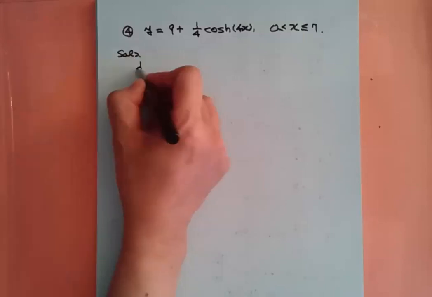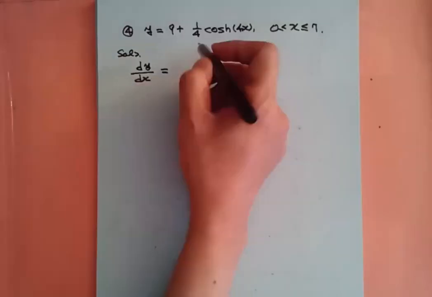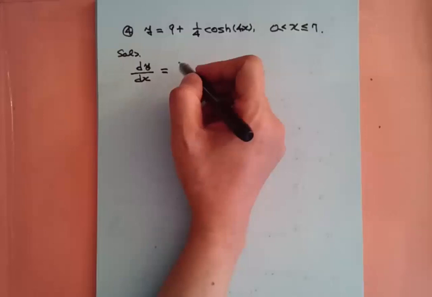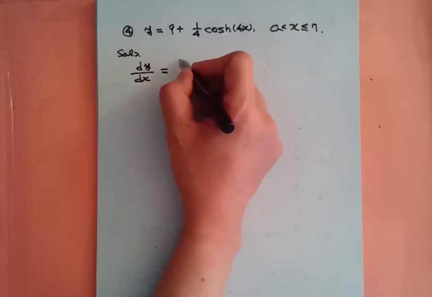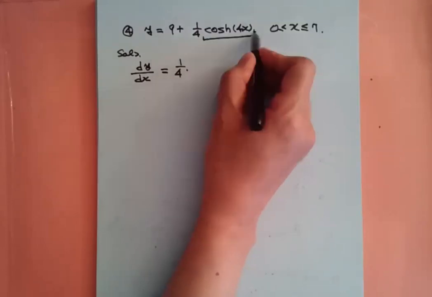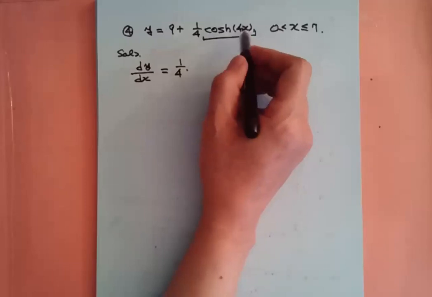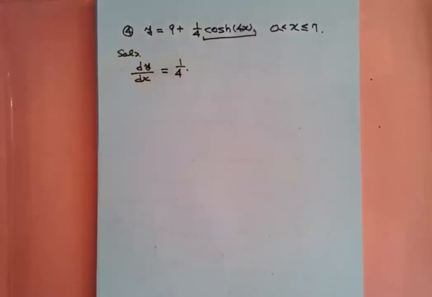So the first step was calculating the differentiation. So that is 1 over 4 times, we think about the composite function.